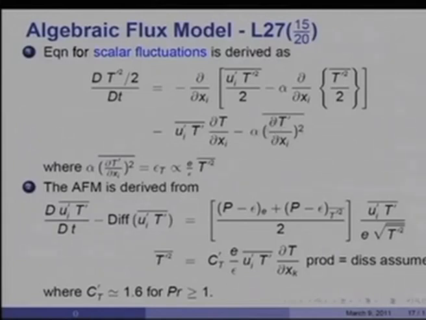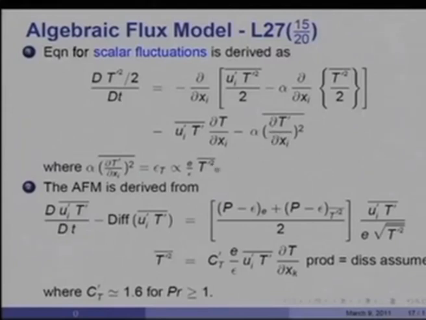Now, it is this quantity which is usually modeled as being proportional to E by epsilon T prime squared, that is, the dissipation rate of the turbulent temperature fluctuation is modeled as proportional to E by epsilon T prime squared.